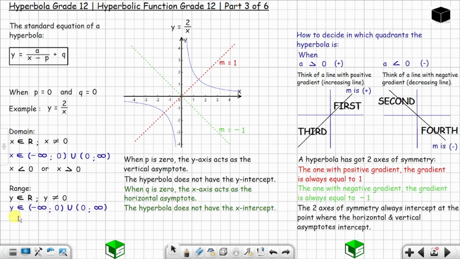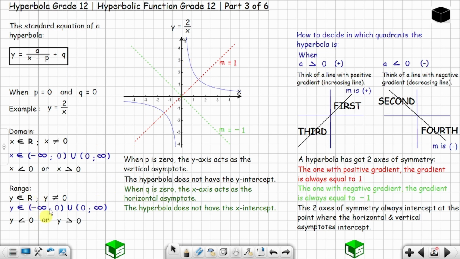Okay, you can give the range like this, or you can say y less than 0. You have all these values less than 0. Or y greater than 0. You have all these values above 0, so greater than 0.